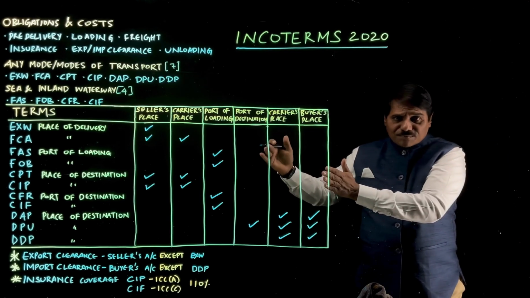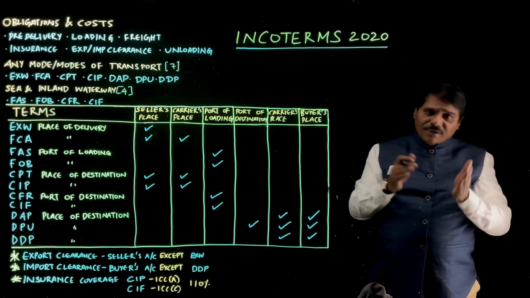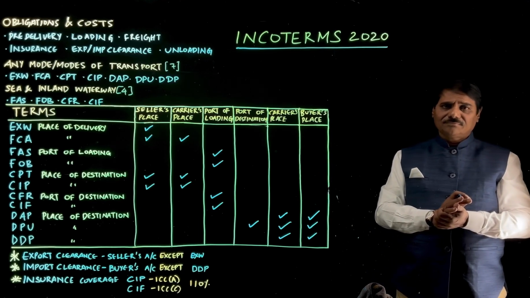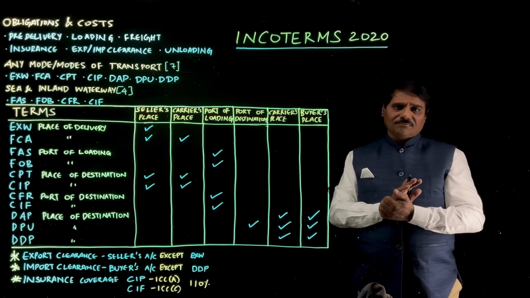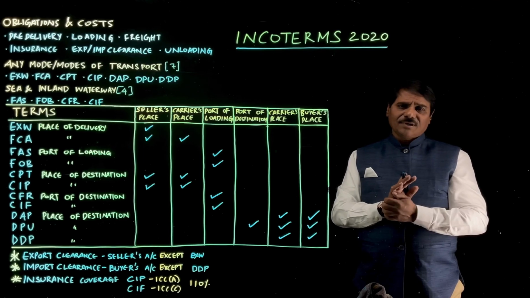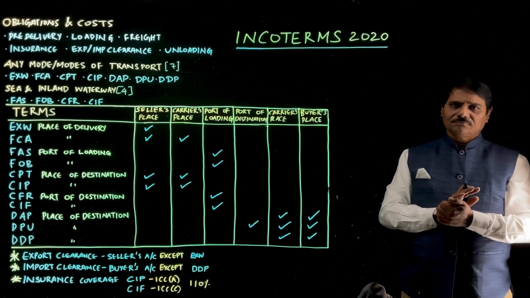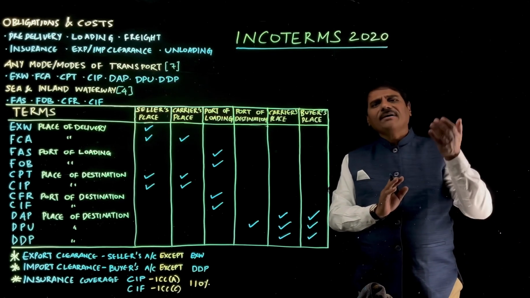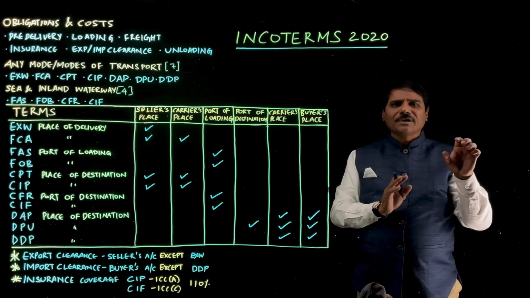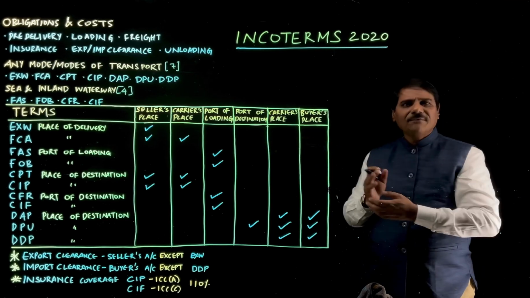Because as seller's responsibility increases, cost increases, the price also will increase accordingly. So that is the reason in the sales contract, against the price, if you give only a numerical number, it does not convey any meaning unless you mention the Incoterm with the delivery place.